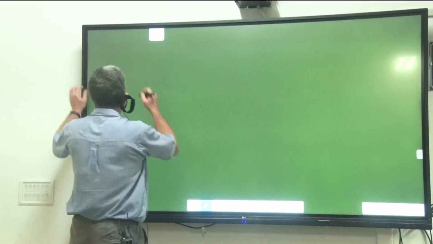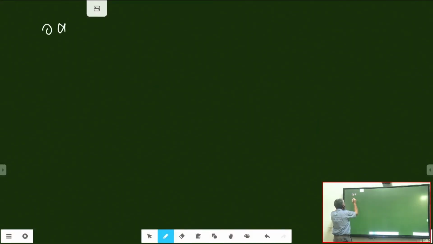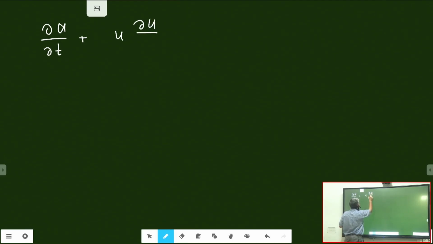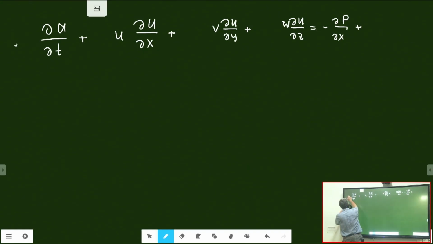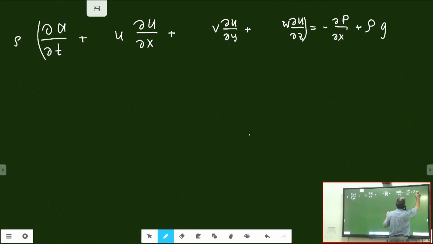So what I have here is the equation: rho times du by dt plus u du by dx plus, leave sufficient space in between, v du by dy plus w du by dz is equal to minus dp by dx plus, and I need density everywhere, so I'll need rho multiplied by g sub x.